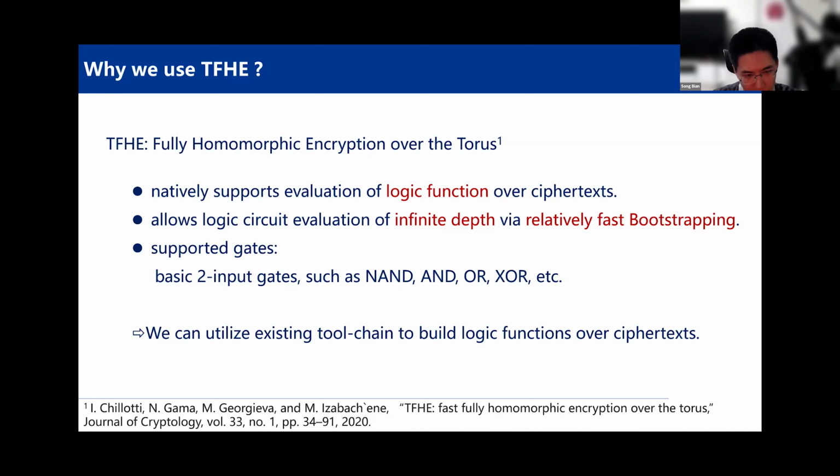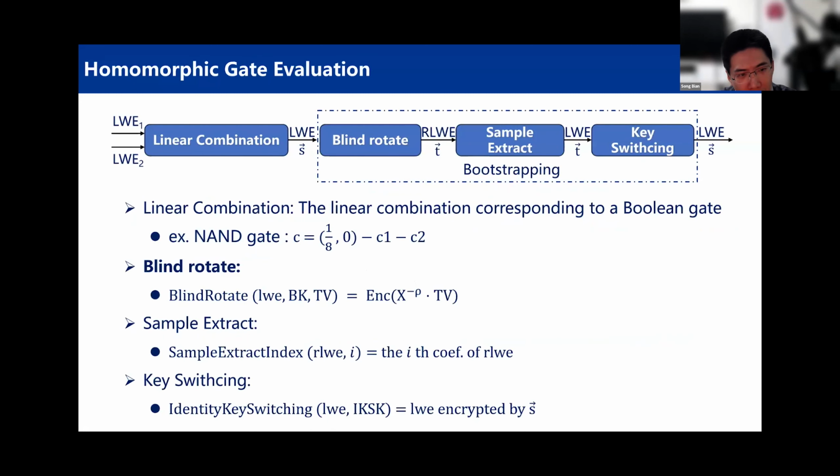So we decided to use TFHE to do this because it has a very good model, a very easy way to start with for logic synthesis, basically mapping applications to circuits. So maybe a little bit of background on the gate evaluation.